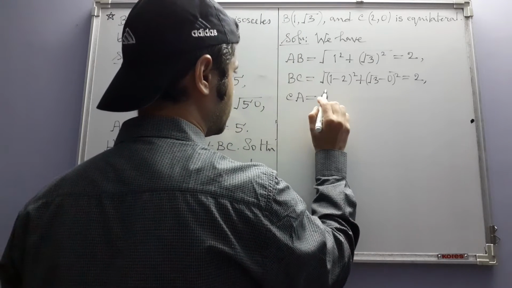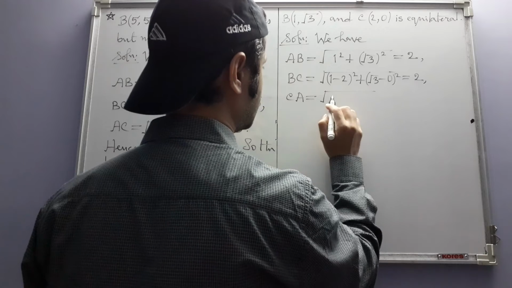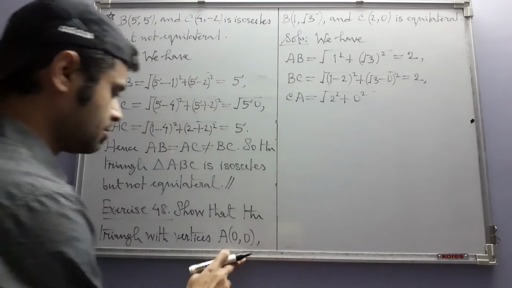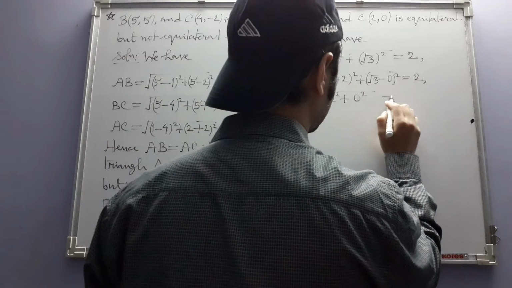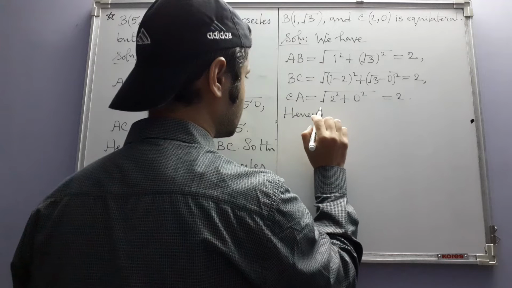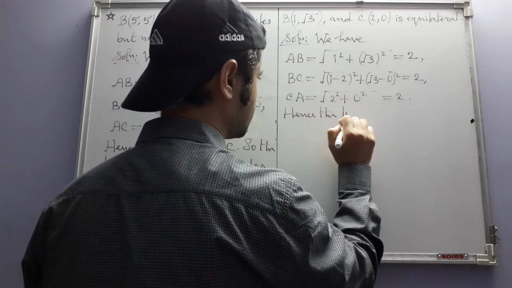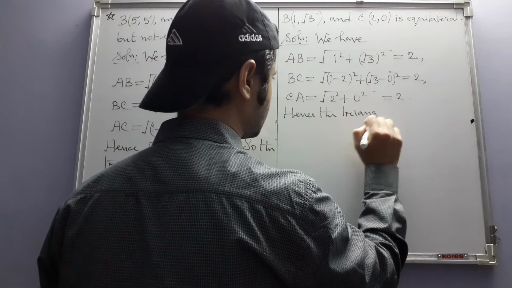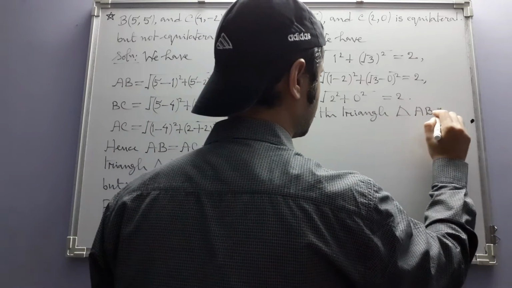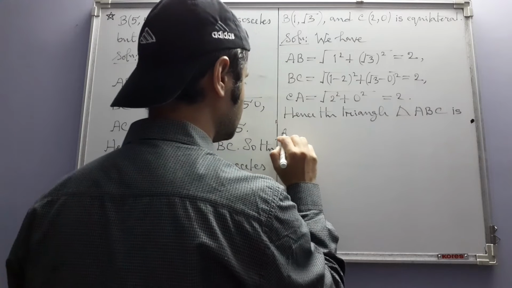And CA is 2 square plus 0 square, because A is the origin. So this is again 2. Hence, this is equilateral.